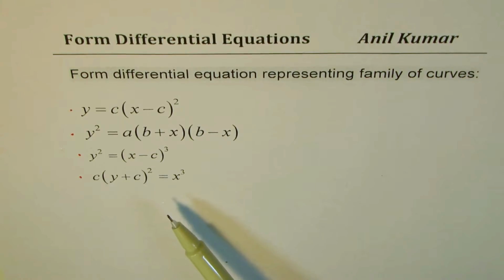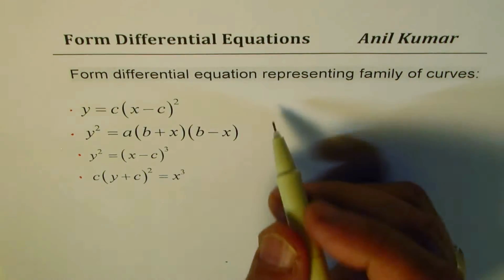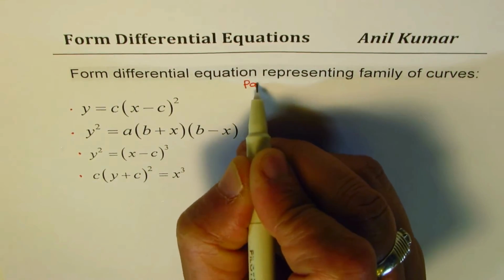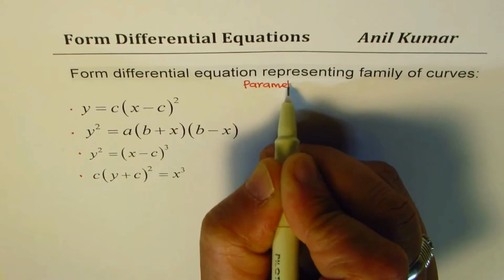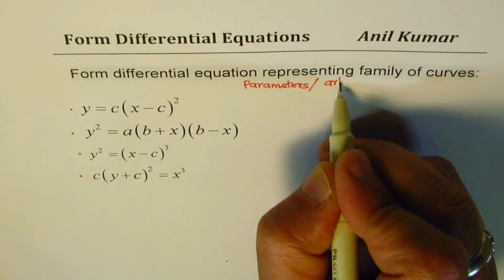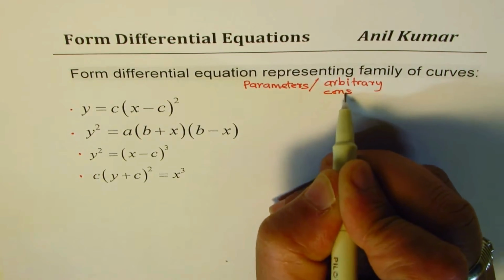The first step is to check the number of parameters. So what we do here is we try to figure out how many parameters there are. Sometimes we say parameters and sometimes we say arbitrary constants.